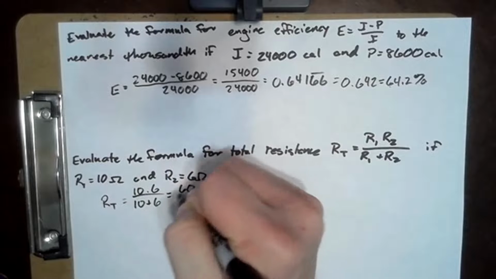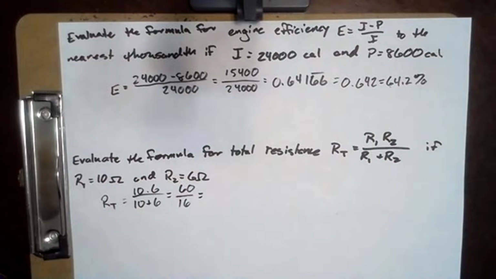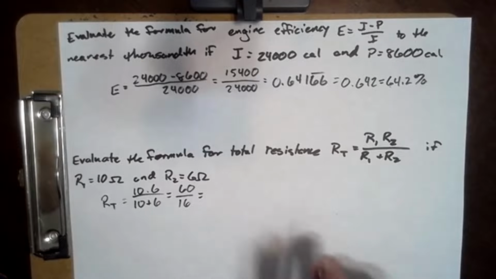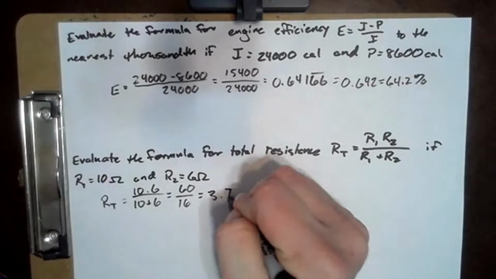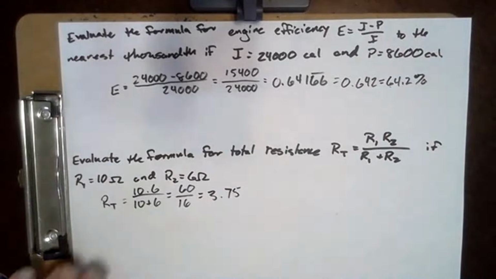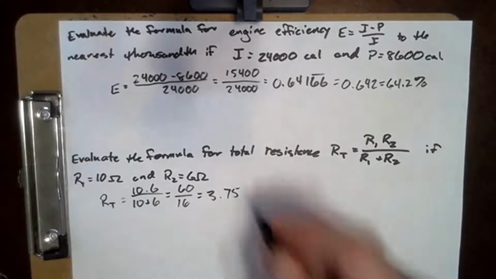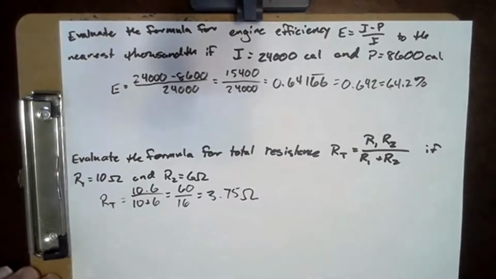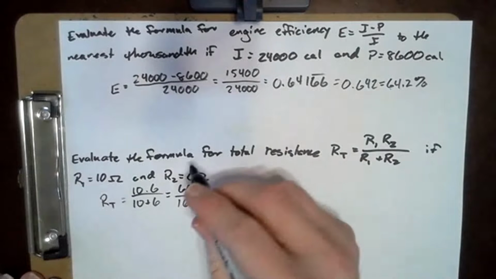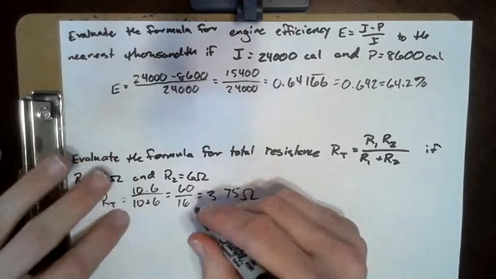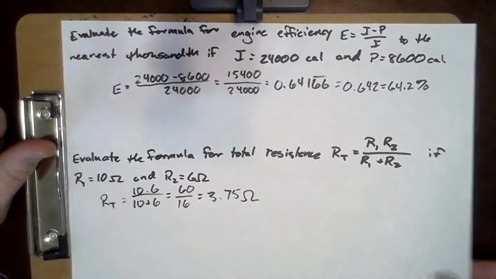Well, that's 60 over 16. 60 divided by 16 is 3.75. And that is, again, in ohms. Or possibly not, since we are dividing. No, that would be square ohms over ohms.